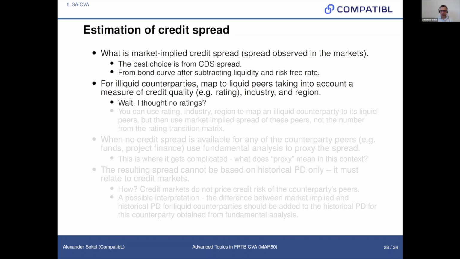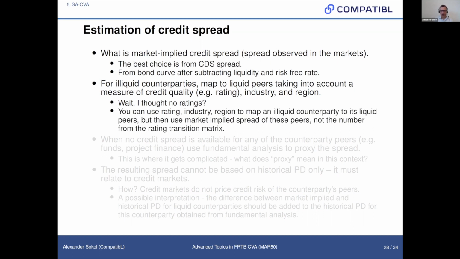Just before, we were saying you cannot use historical credit spread, which is what you get by looking at the rating transition matrix. So I thought ratings are not allowed, and here we go. Well, the way I interpret this is that you can use rating, industry, and region to map the illiquid counterparty to liquid peers, but then you use the market-implied spread of these peers, not the number from the rating transition matrix.